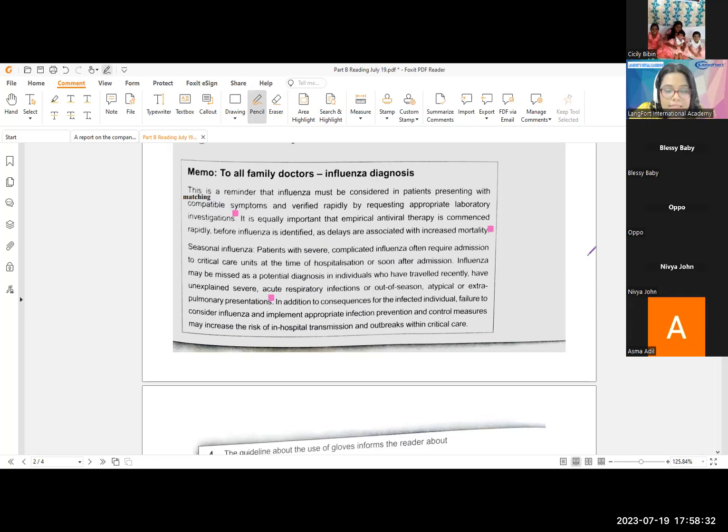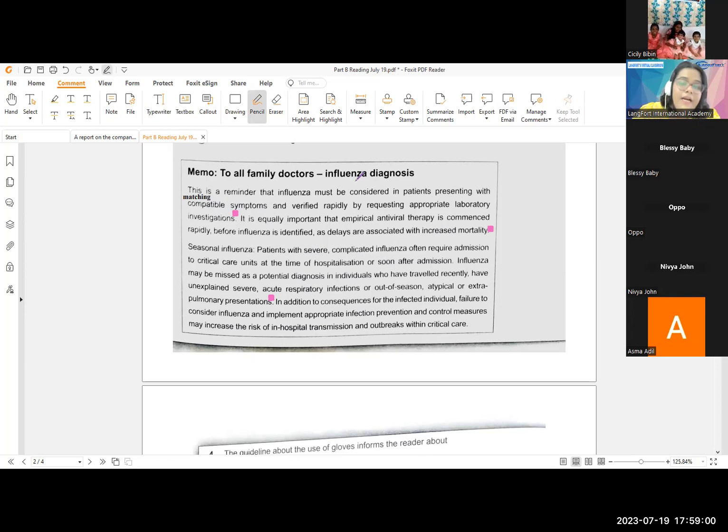The next two lines talk about seasonal influenza. Patients who have severe or complicated cases of the disease need to be admitted to the critical care units, either at the time of admission or soon after.